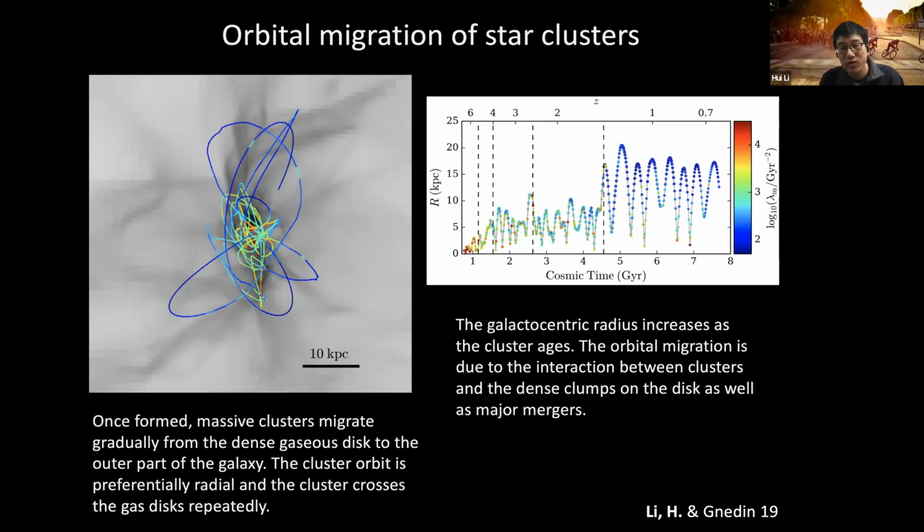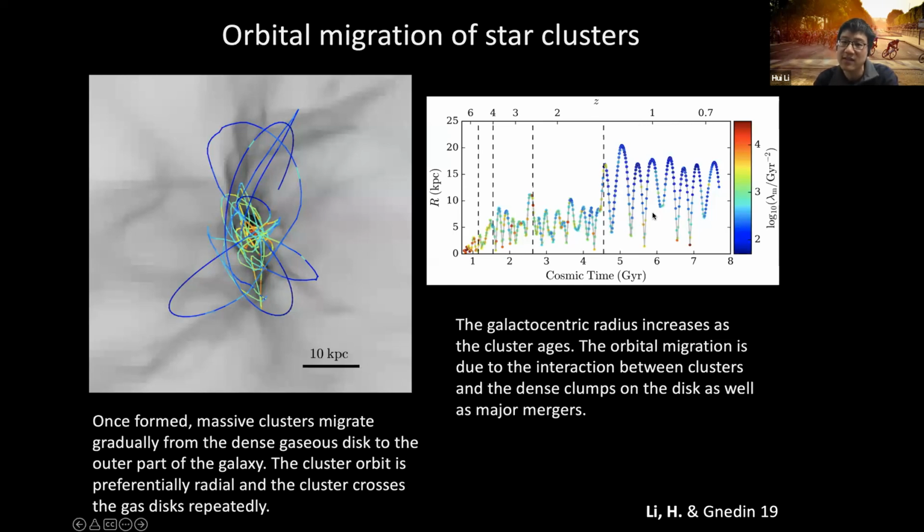But I totally agree with you. There are also many clusters that, when they experience this merger, change their orbit dramatically, and the dynamical friction will lead to a very strong trend of sinking into the center. So there are different fates of the clusters. But for this one, it is the merger that really triggers this liberation of the cluster to the halo.